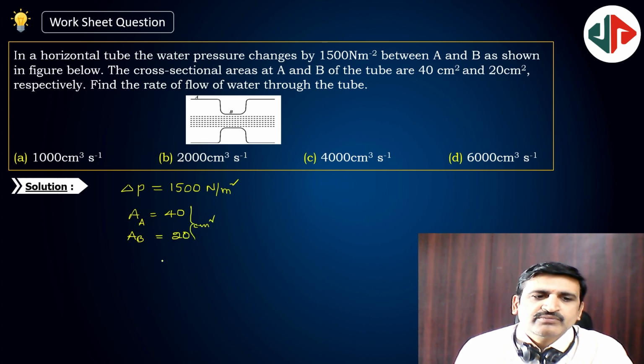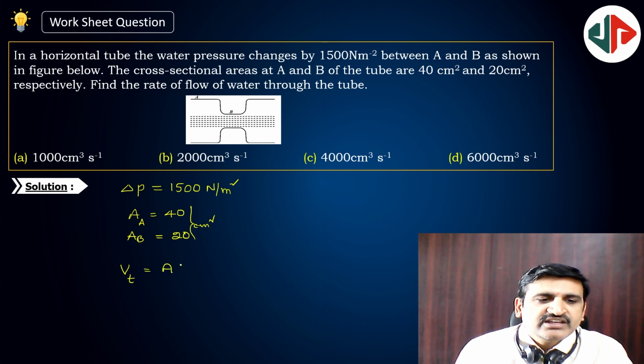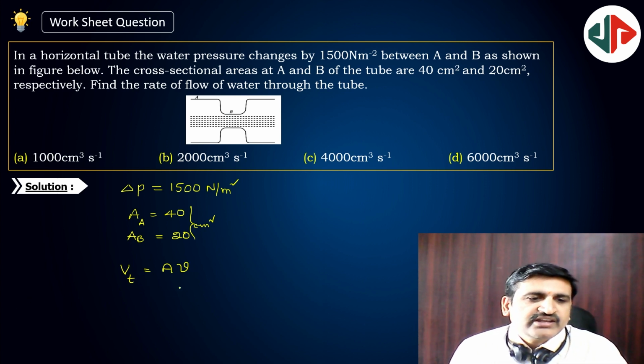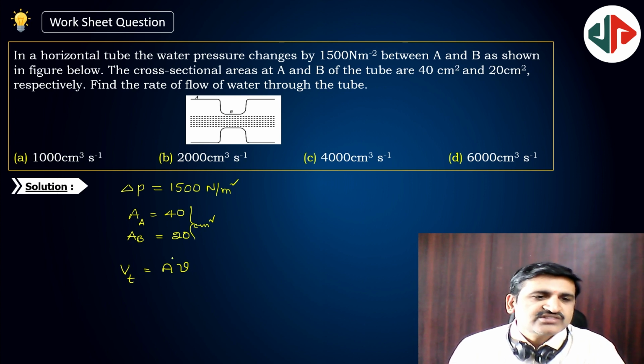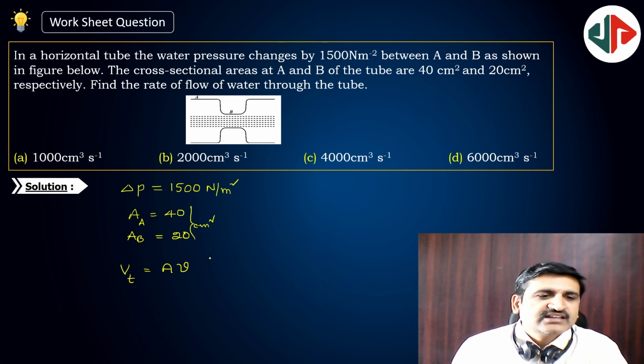I need to keep it in mind. Find the rate of flow of water through the pipe. Volume rate is equal to A V, actually area into velocity. Here velocities are not given, so we need to go for another interpretation. That we will check.